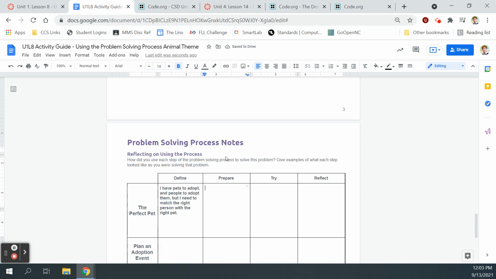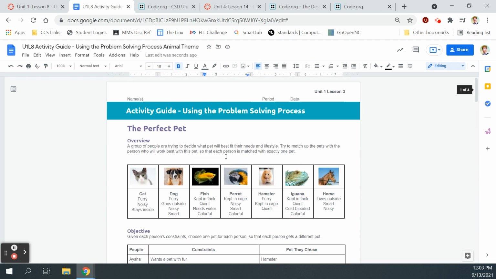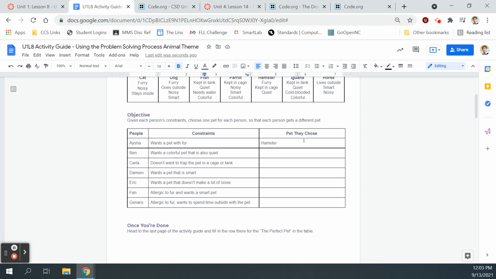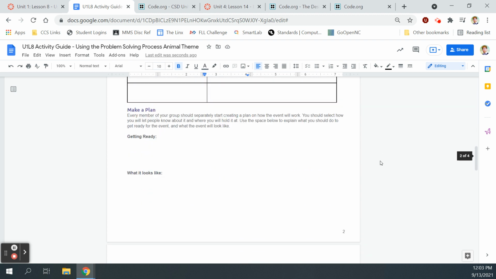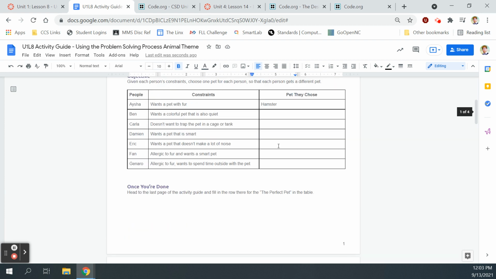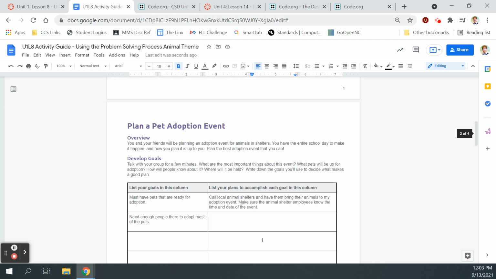Preparing to solve that problem, that step is going over all of the attributes of each of these pets, seeing what they are, and then reading through the constraints that people have about those pets. And then when you try to solve that, right, you're matching the pet with the person.